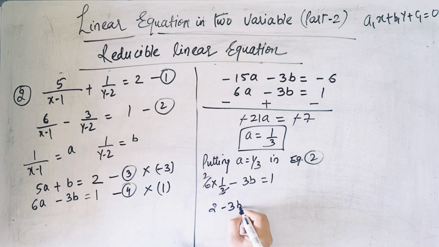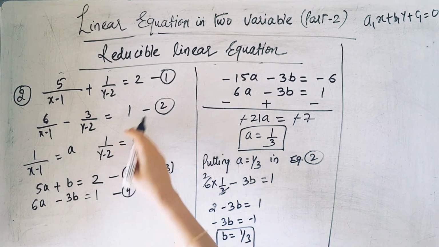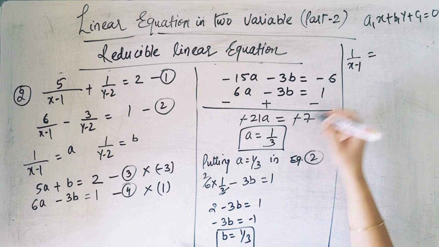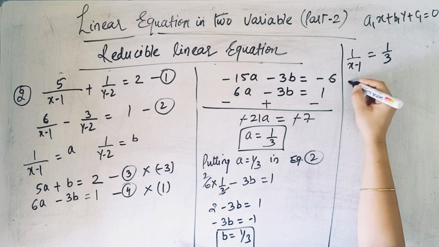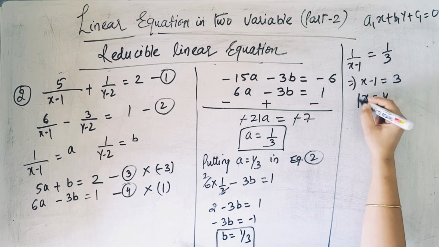So 2 minus 3b equals 1. 2 will get shifted over there, so we'll get minus 1. Thus b is equal to 1/3. Now what we have assumed in starting, 1 upon x minus 1 is a. So a is what? 1/3. We'll cross multiply, x minus 1 will be 3, thus x will be 4.